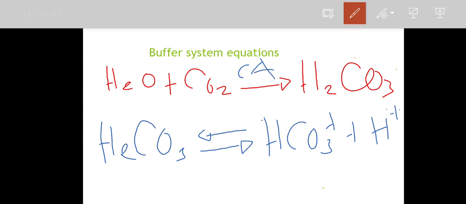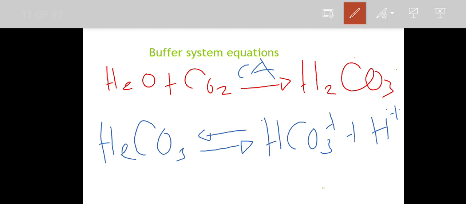So what happens is this: when water reacts with the carbon dioxide, this is going to form carbonic acid. Okay, and we can reversibly dissociate this carbonic acid. It can be dissociated to form what we call bicarbonate and what? Hydrogen ion.